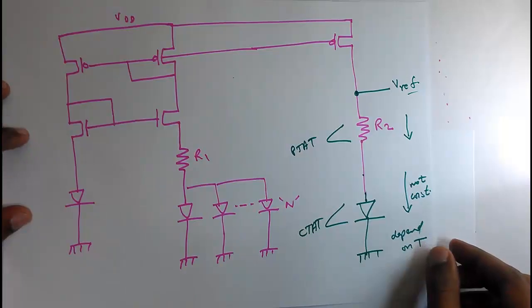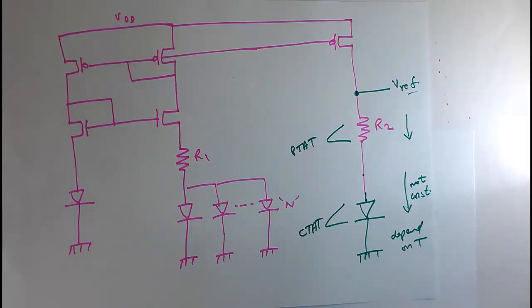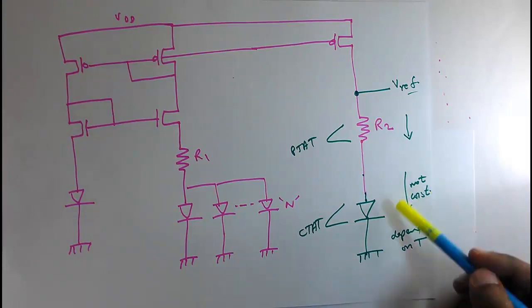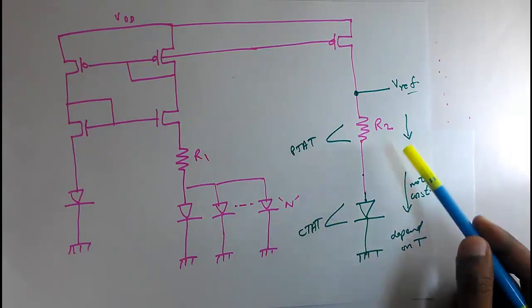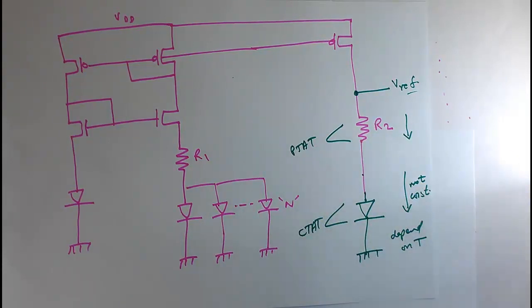But when we design our bandgap reference, we simply added the PTAT voltage and CTAT voltage. Till now we didn't discuss alpha 1 and alpha 2. So the third thing remaining in the BGR reference design is to find what is alpha 1 and what is alpha 2, and we adjust alpha 1 and alpha 2 so that PTAT and CTAT nature get cancelled completely.